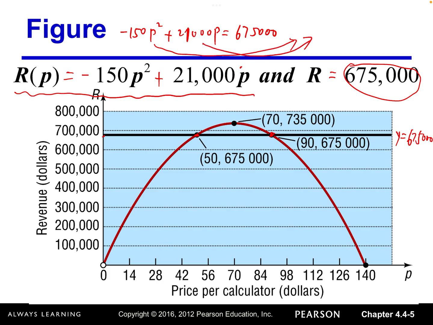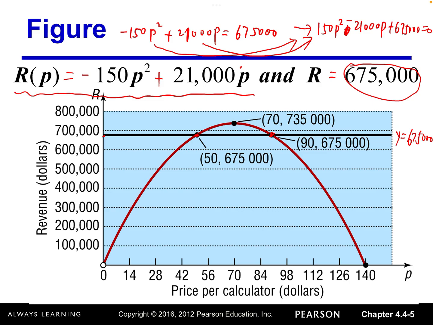So we have 150 p squared minus 21,000 p plus 675,000 equals 0. Okay, we're trying to solve this equation. And then we can cancel the coefficient 150, dividing all the terms by 150.